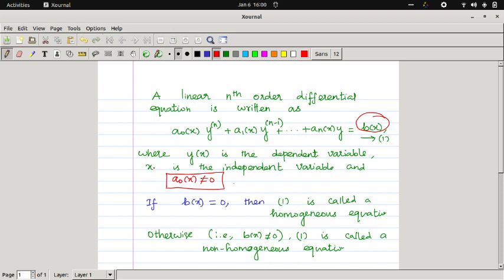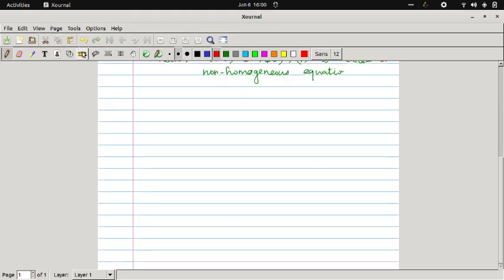Example, y double prime plus 4y prime plus 3 times y equal to x square times exponential of x. So this is a second order linear differential equation.